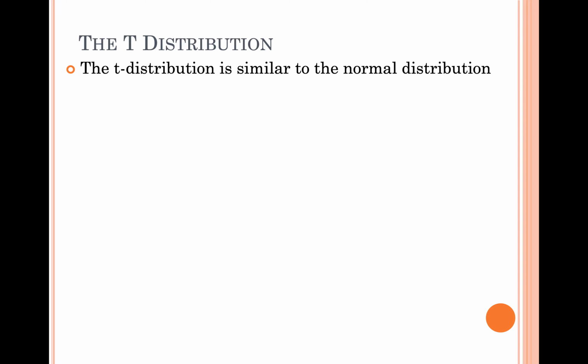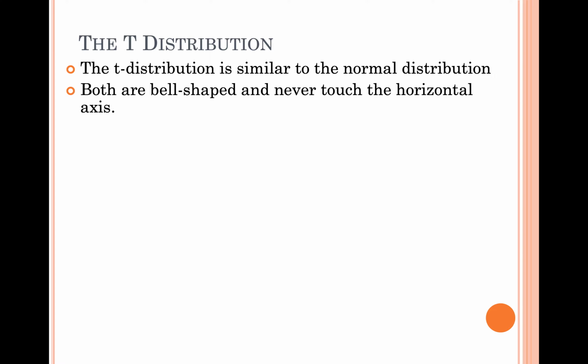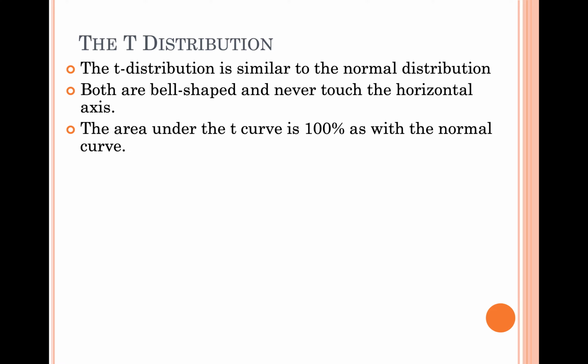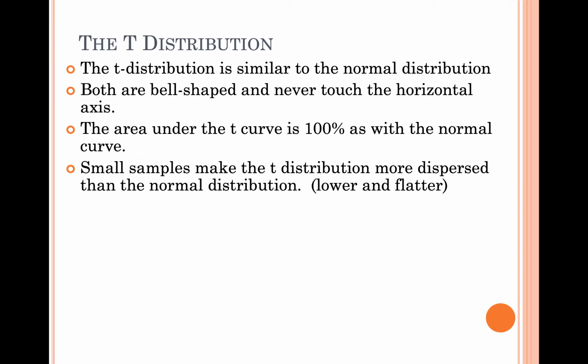The t-distribution is very similar to the normal distribution in the way it appears, but numerically it is different. They are both bell-shaped distributions. They never touch the horizontal axis in either direction. The area under the t-curve is also 100%, as with the normal distribution curve.